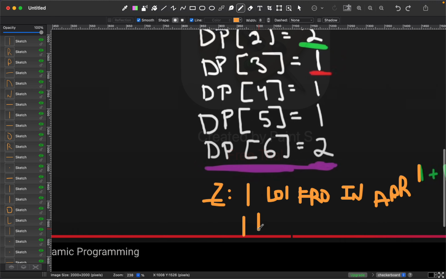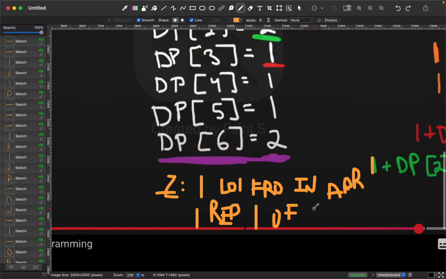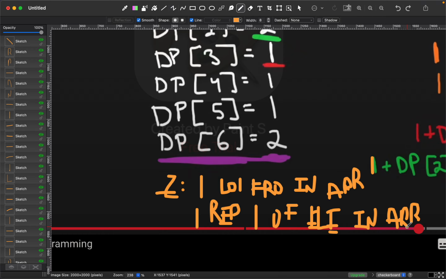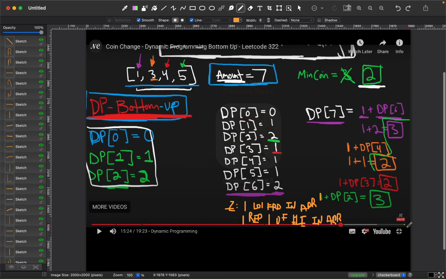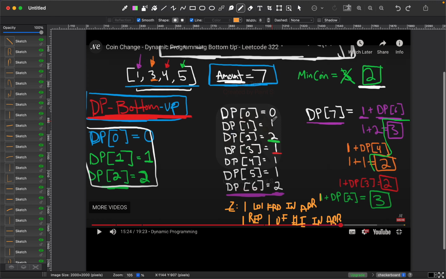So 1 represents one of the elements in the in array. That's what it represents, fundamentally speaking. So this 1 represents this 5.